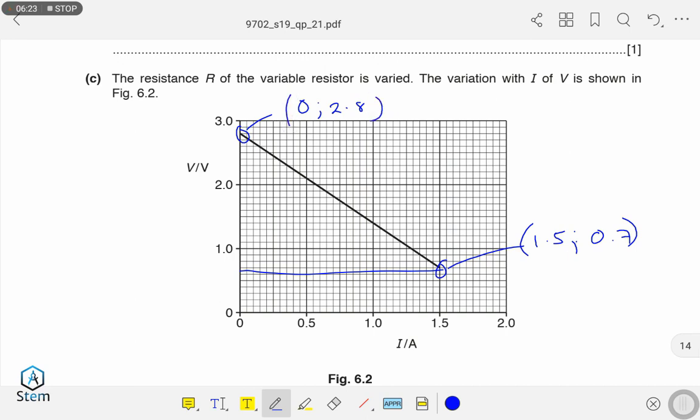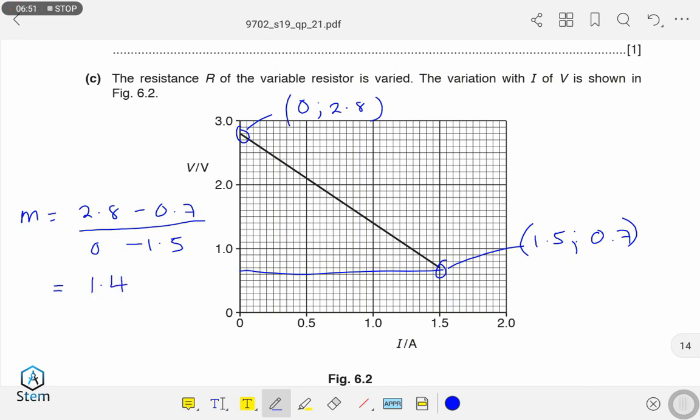Now gradient will be equal to 2.8 minus 0.7 divided by 0 minus 1.5. Remember delta y divided by delta x. And from this, we are going to get our r is equal to 1.4.